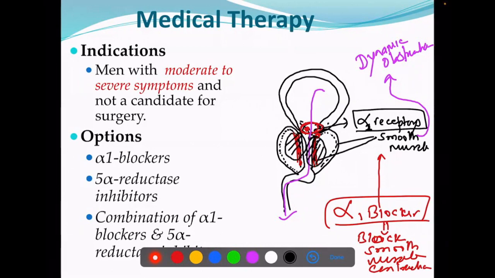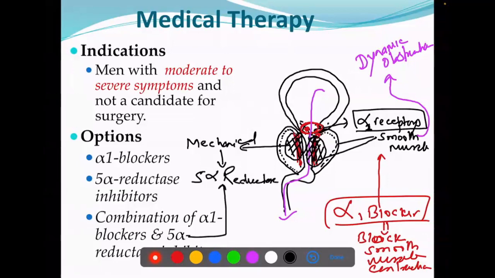If there's glandular enlargement, it causes mechanical obstruction, and you have to use a 5-alpha reductase inhibitor. Actually, it decreases the size of the prostate gland. I'll explain the mechanism, wait for a while.